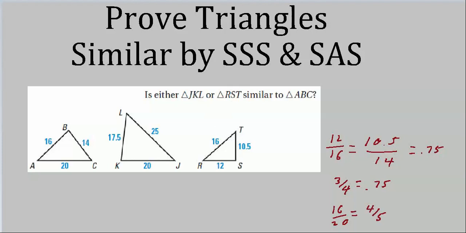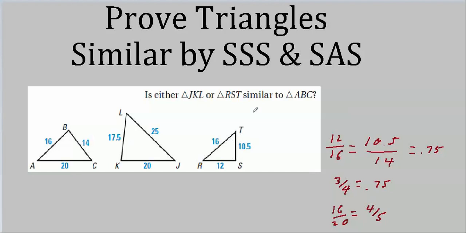So we check our last pair of sides, RT and AC, get 16 over 20, which is 4/5. Oops, that's not 3/4. So we have two sides that are in the same ratio, but the third one isn't. So ABC and RST, nope, they're not similar. They came close, didn't quite make it.